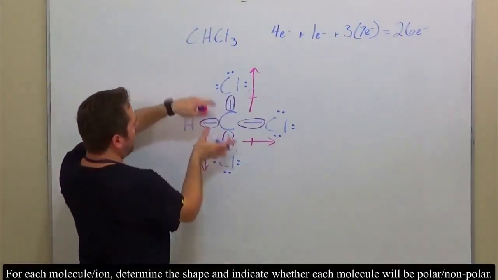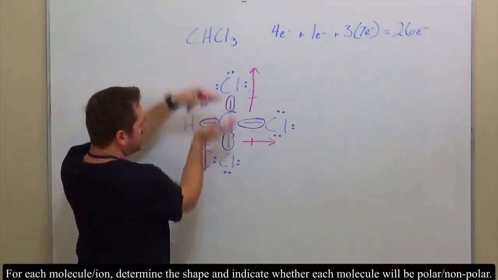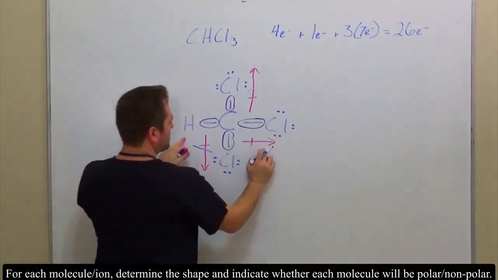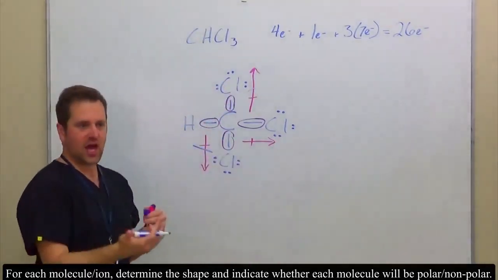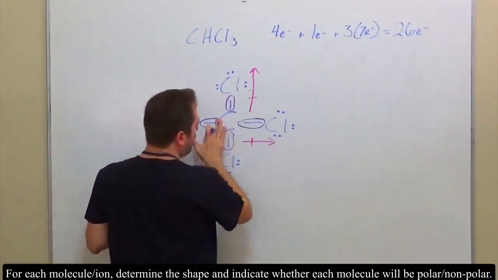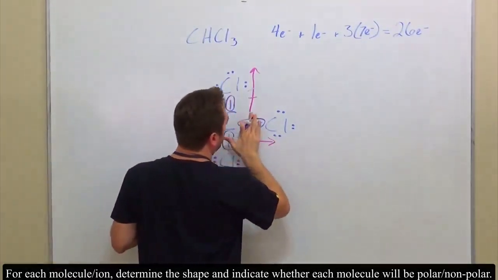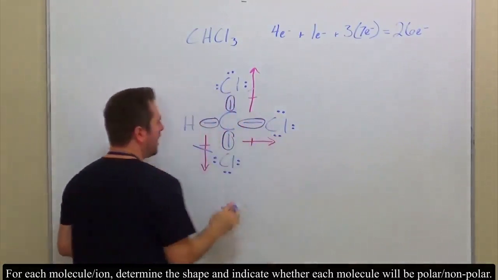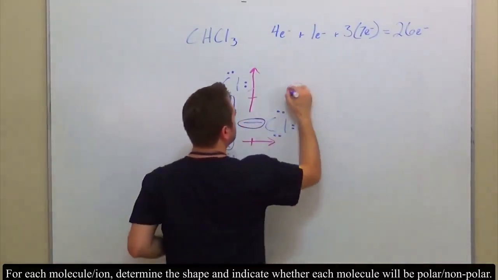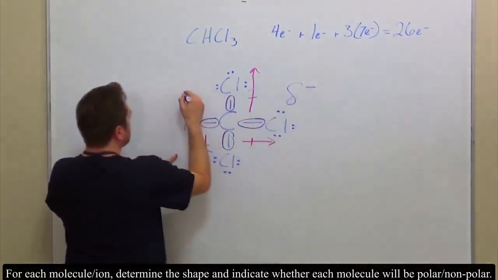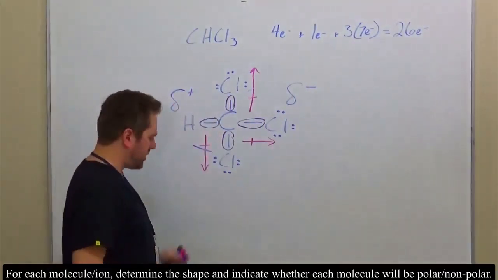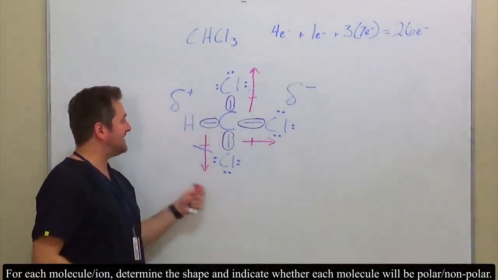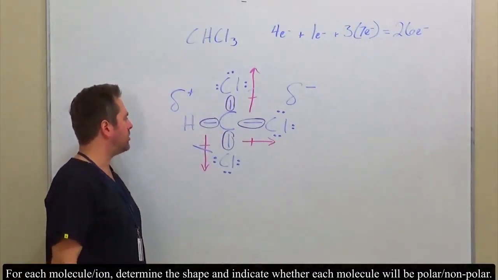We're not going to have a polar molecule going this way or this way. But what about on this side? This chlorine really has no competition versus the hydrogen. So yes, there would be an overall pull of electrons in this direction, creating a region somewhat negative and a region somewhat positive. So the answer for this one is yes, this is indeed a polar molecule.